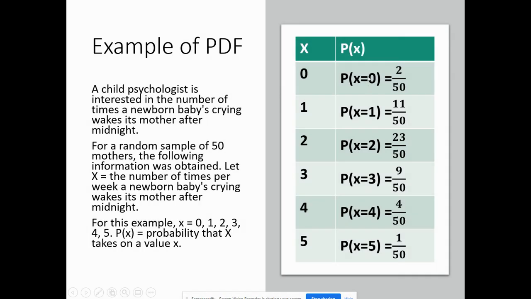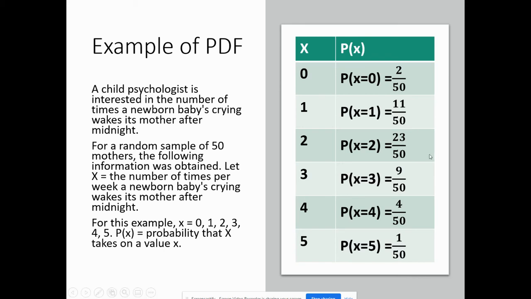So let's do this. 2 out of the 50 babies woke their moms up 0 nights. So that means out of this whole sample of 50, only 2 babies didn't wake their moms up. 11 out of 50 means 11 of the babies woke their moms up 1 night a week, just that 1 night.